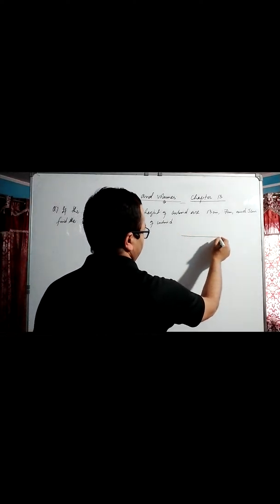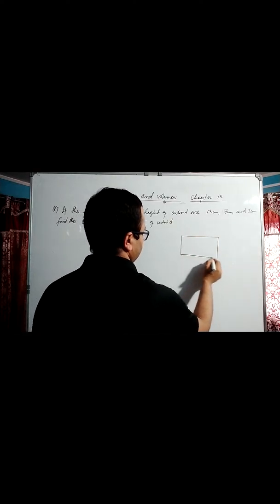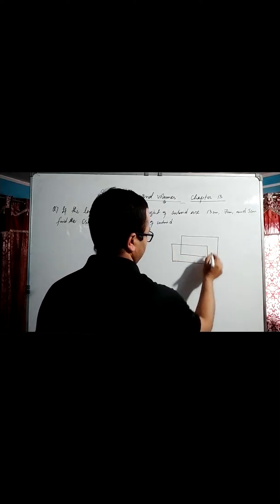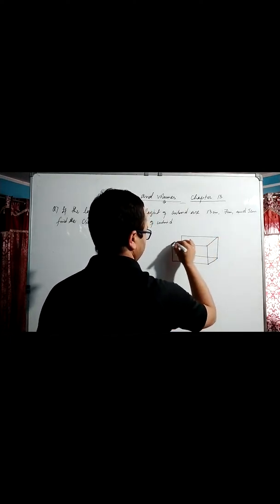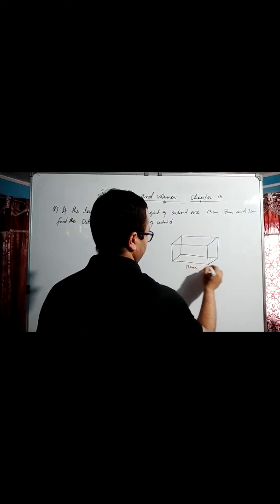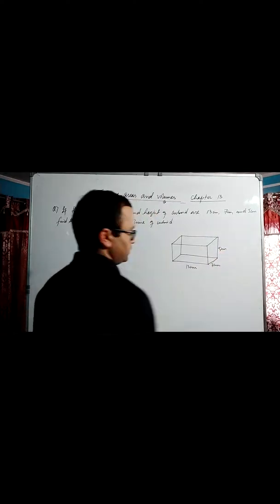We have a cuboid of dimensions 13 centimeter, 7 centimeter, and 5 centimeter. This is 13 centimeter, this is 7 centimeter and this is 5 centimeter.